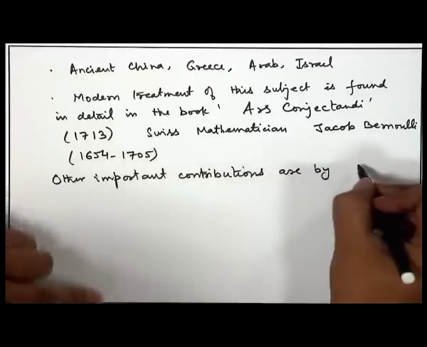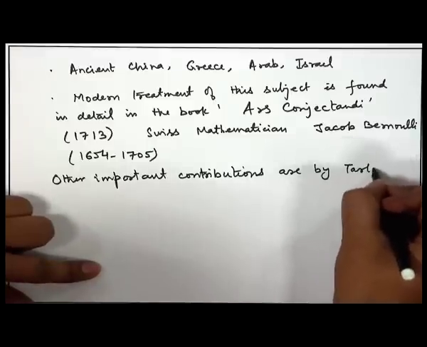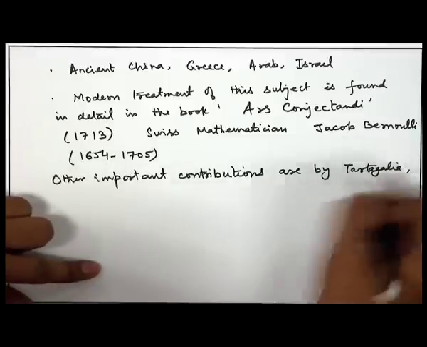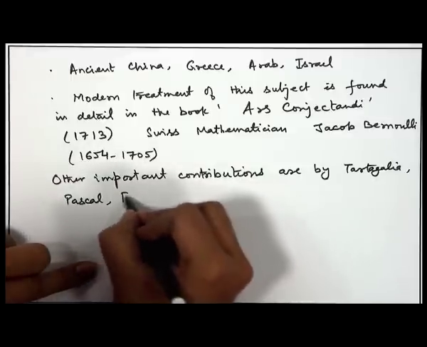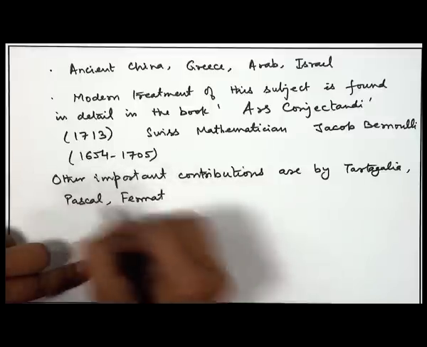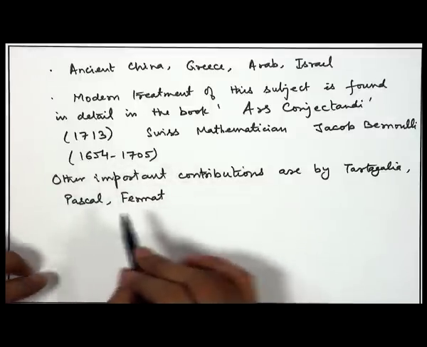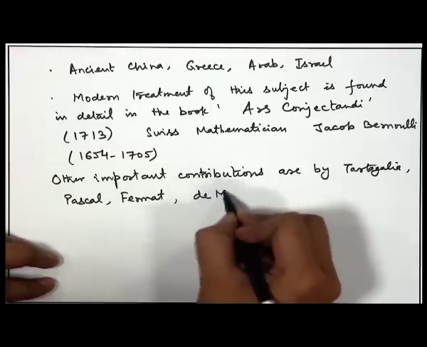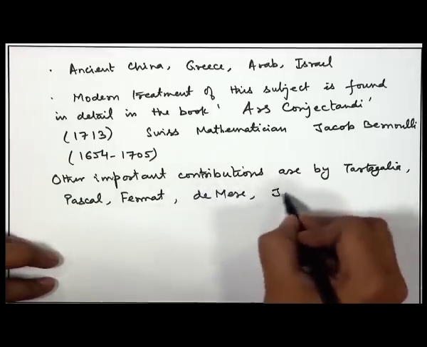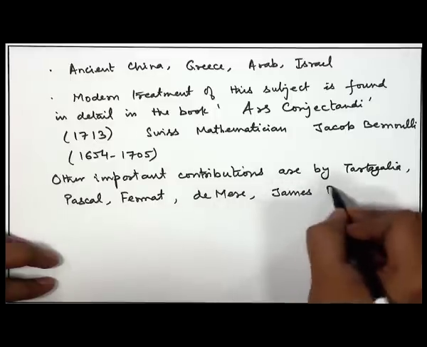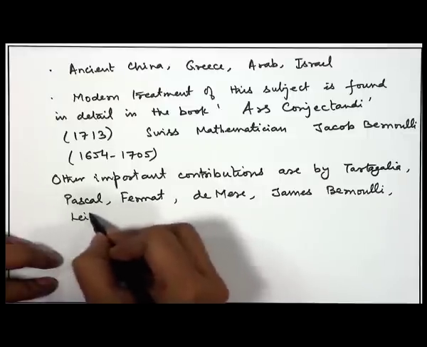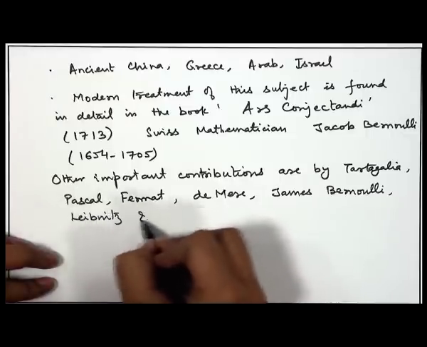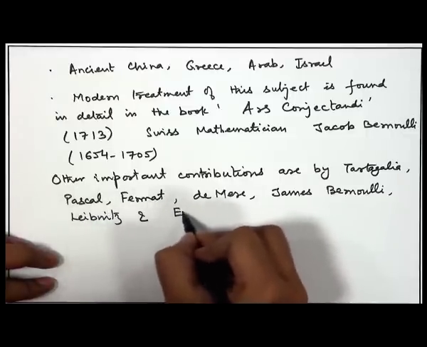And other important contributions are by Tartaglia, Pascal the French mathematician, Fermat. So, these are the famous mathematicians who actually originated the theory of probability also. De Moivre, and from the Bernoulli family itself James Bernoulli, Leibniz and Euler.